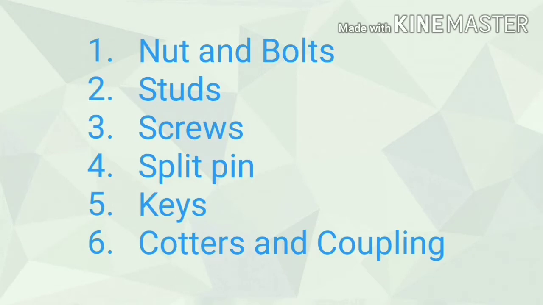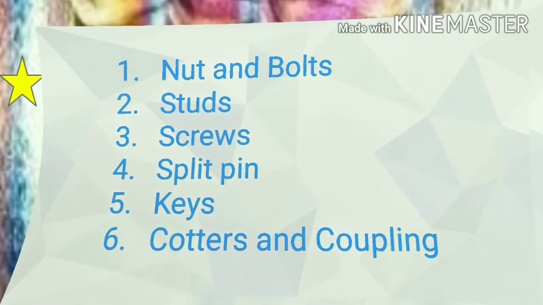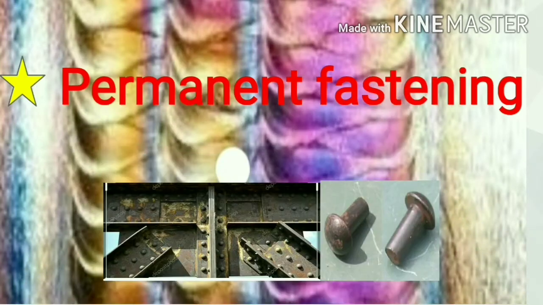Number 2, studs. Number 3, screws. Number 4, split pin. Number 5, keys. Number 6, cotters and coupling. Now we study permanent fastening.